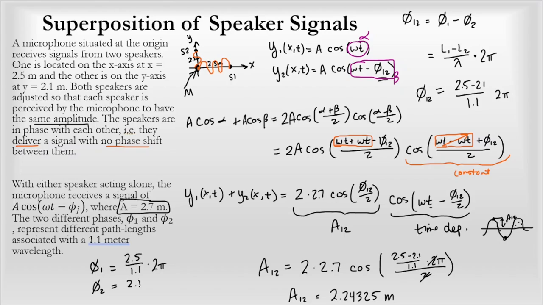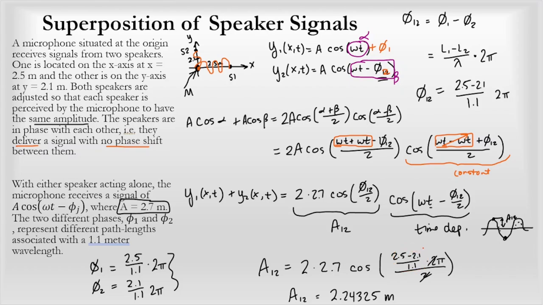I could do the same thing with the other one. Notice that when I subtract them, I get the same equation that I came up with before, L1 minus L2. You could use those up in here and keep your original phi 1 and phi 2, and if you move through the math, you're going to end up with the same term down here.